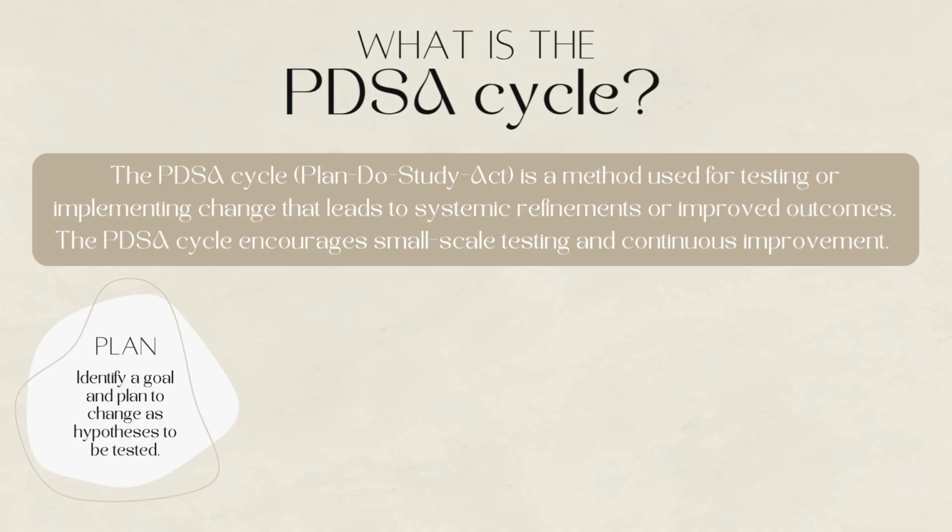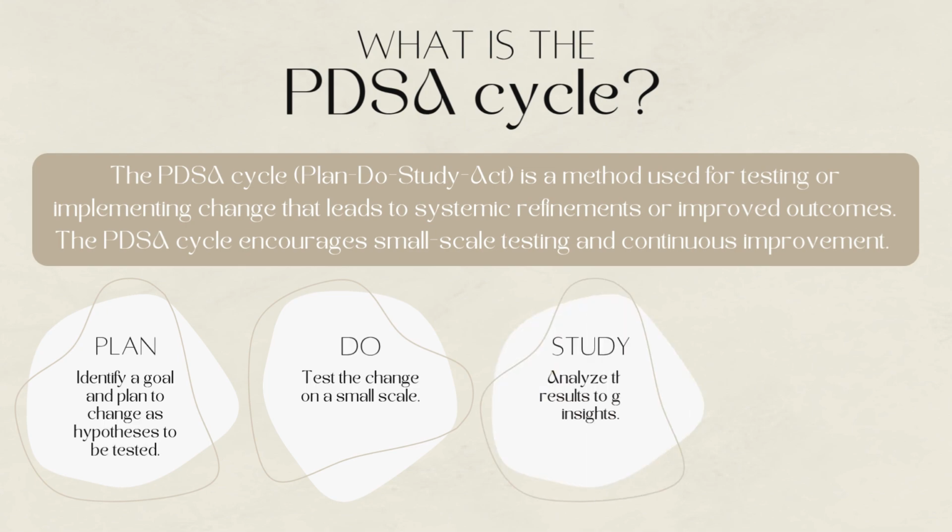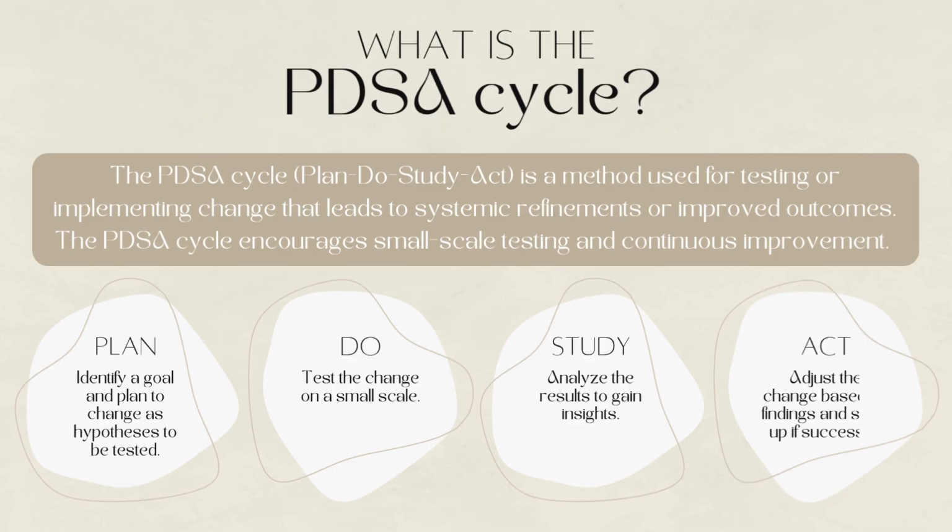During this stage, a goal must be identified and a plan established to present a change that acts as a hypothesis to be tested. Step 2 is the do stage. This is where the change is tested on a small scale. Step 3 is the study stage, in which results are analyzed to gain insight. And finally, step 4 is the act stage. Based on results, either adjustments to the change are made, or if highly successful, the change is scaled up.